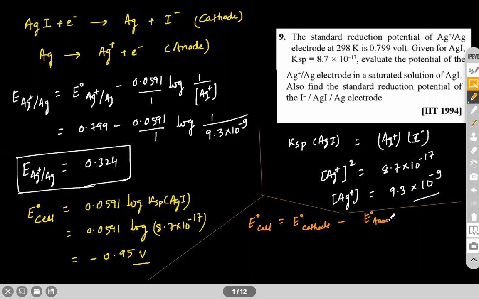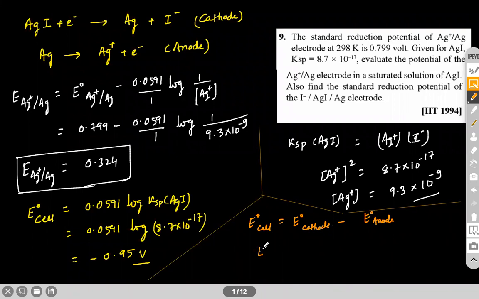Both are reduction potentials. So E naught cell we have calculated. Anode is what? Anode is the silver electrode, because this is saturated in Ag solution. So this is one electrode and this is another electrode, right? So here E naught of anode is Ag+ we have.